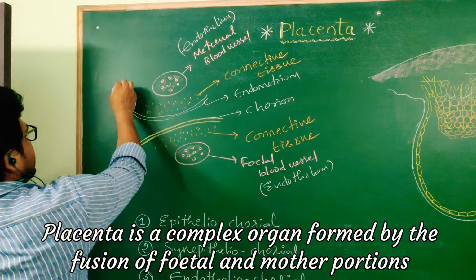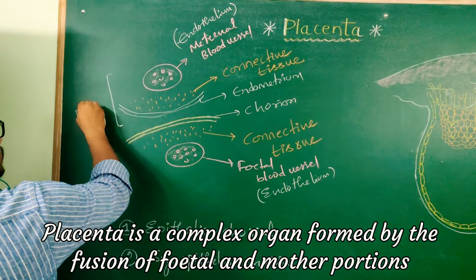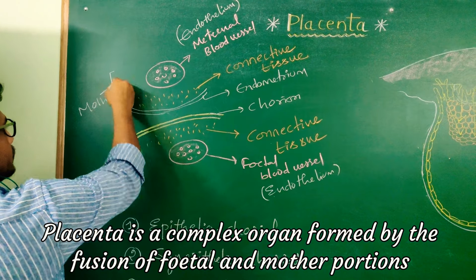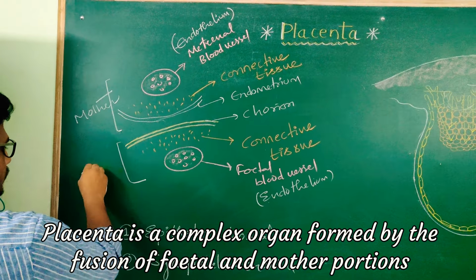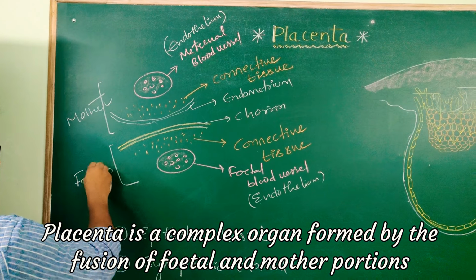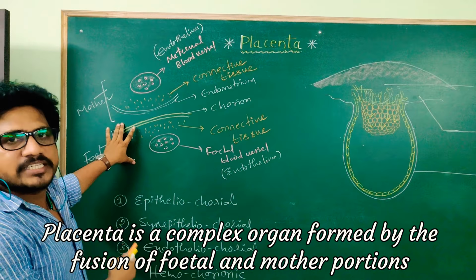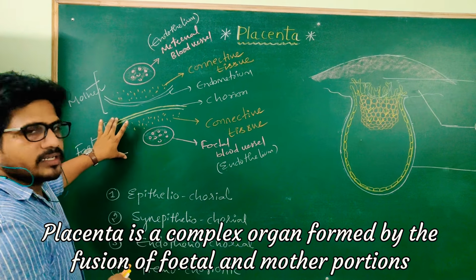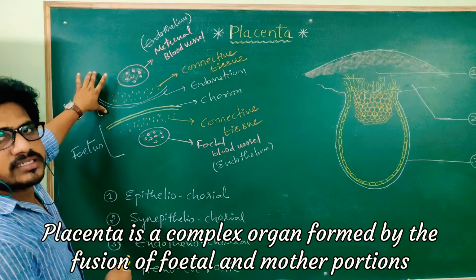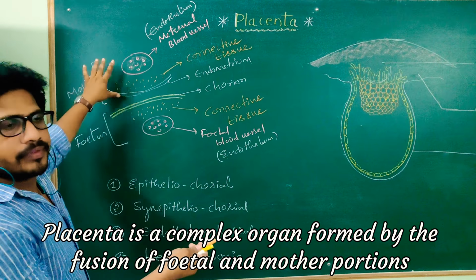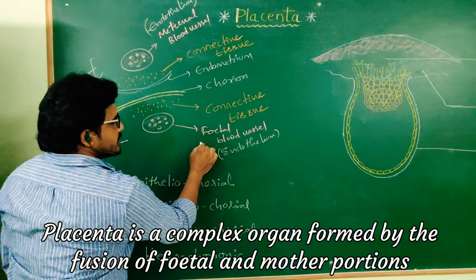If you see guys, this part is from mother and this part is from fetus. So in the picture, how many parts of the fetus are fusing with how many parts of the mother? Part means tissue. So here this is the fetus blood vessel.